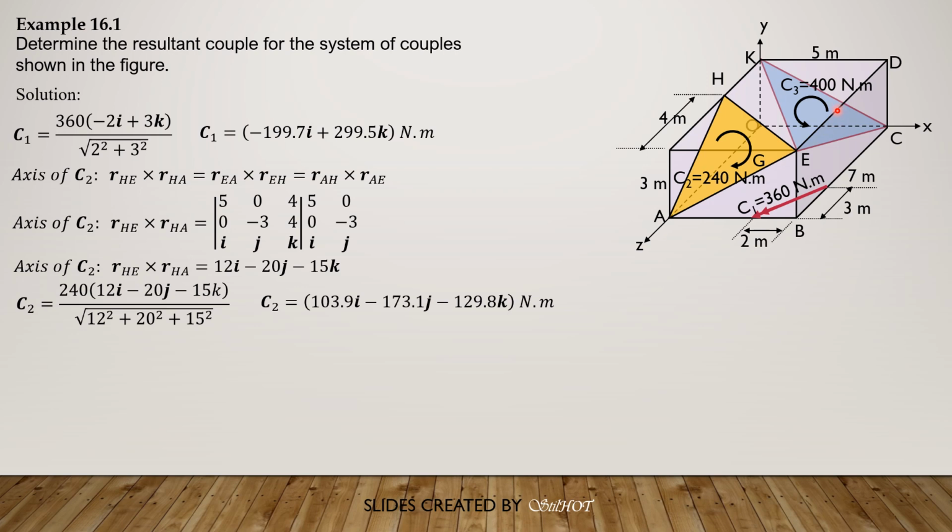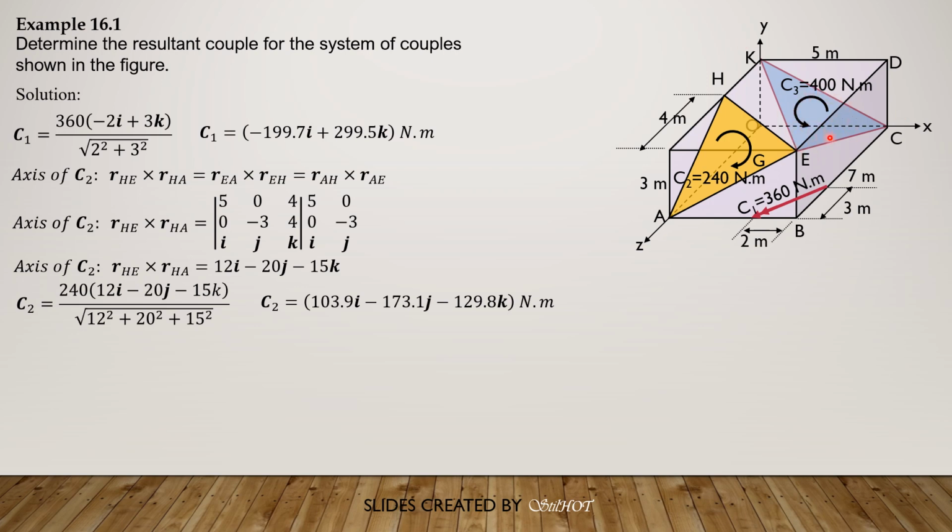Then for couple C sub 3, if you cross CK with CE, the sense of the curling of your four fingers will be the same, and your right thumb will be pointing in that direction. So cross CK with CE, or EC with EK, the sense is the same.